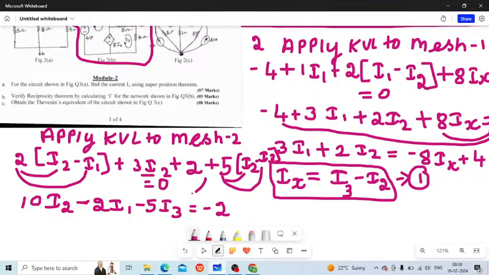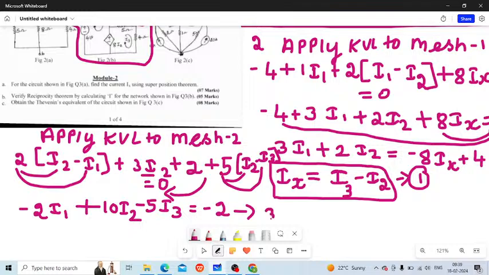So this 2 will come to the right hand side. Or else I can rewrite this equation, you need to write it in order: minus 2I1 plus 10I2 minus 5I3 which is equal to minus 2. This is my equation number 3.